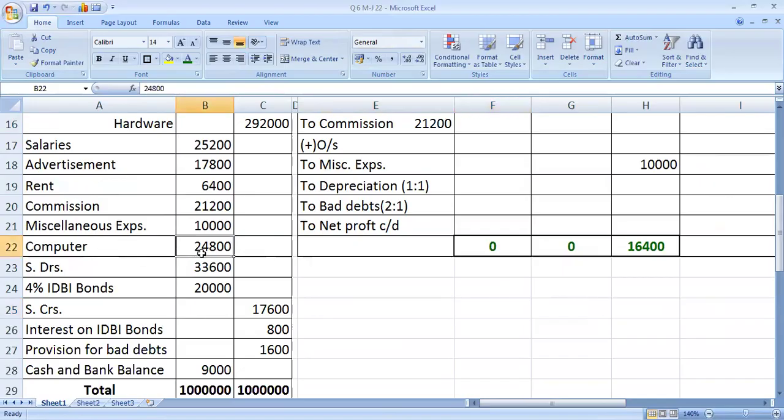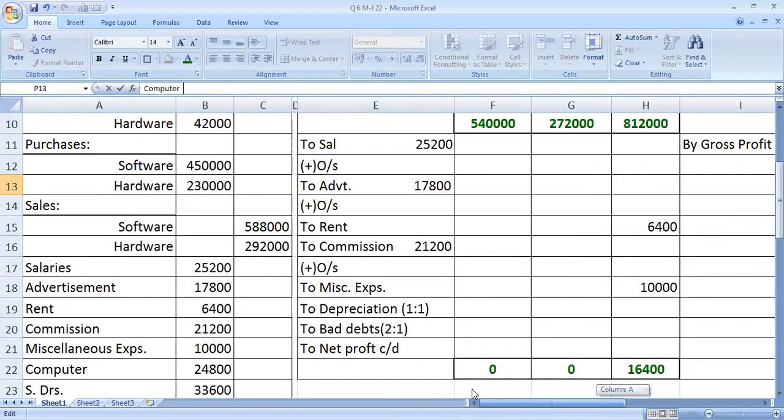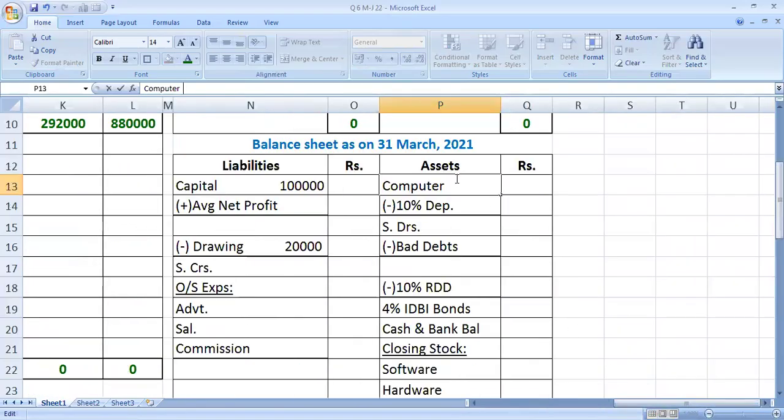Computer is a fixed asset, so it goes to the balance sheet asset side, inner column, because of adjustment on this item. 24,800, due to the adjustment effect, inner column.